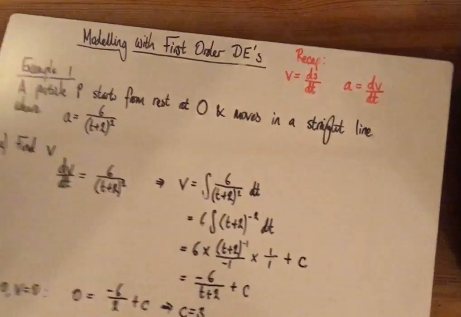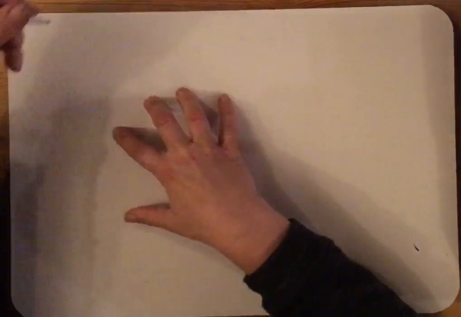And now we want to find the displacement from the origin when t equals 6. I've got my wobbly board, so that's a bit annoying.